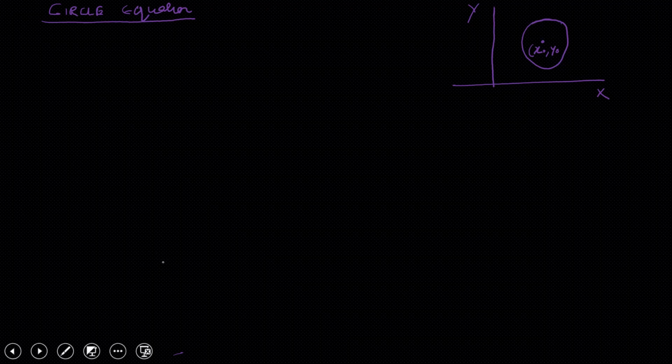Like if I take any point here, then I should know the values of x and y from my equation. Every point gets defined by our circle equation.